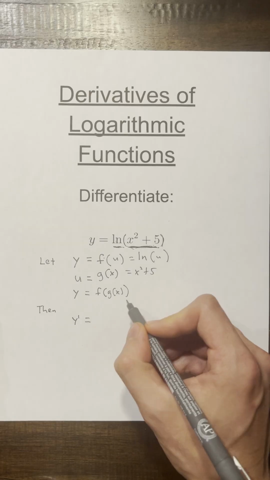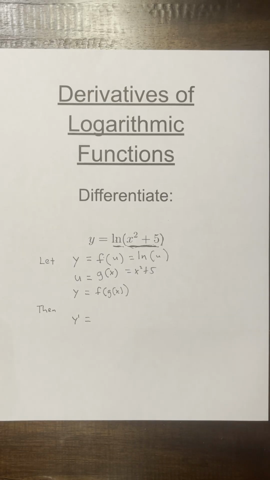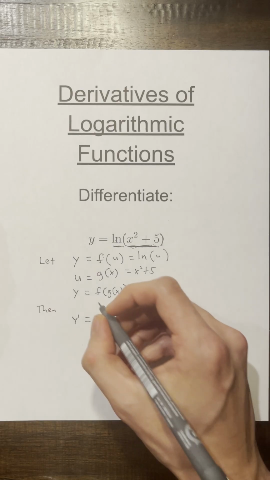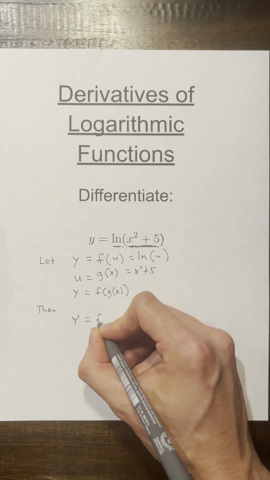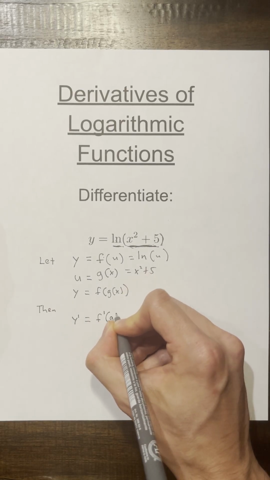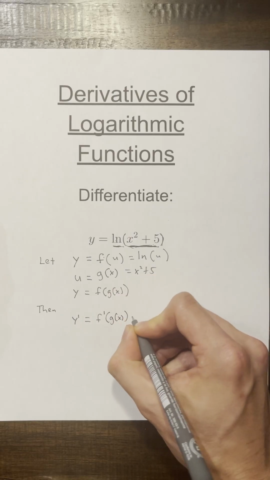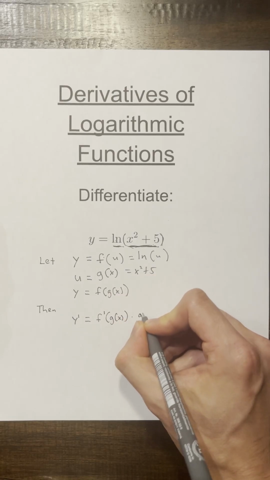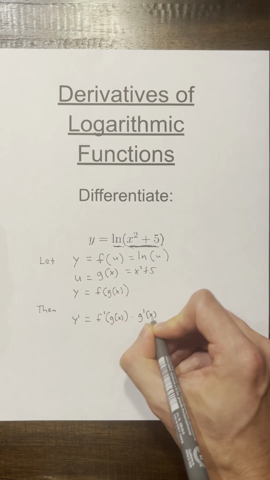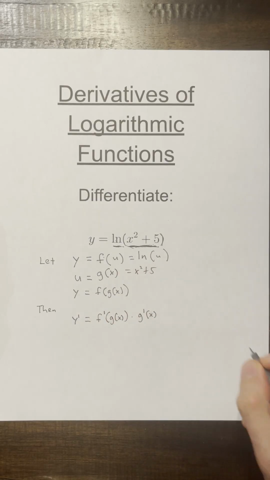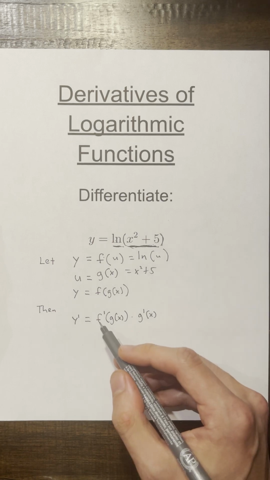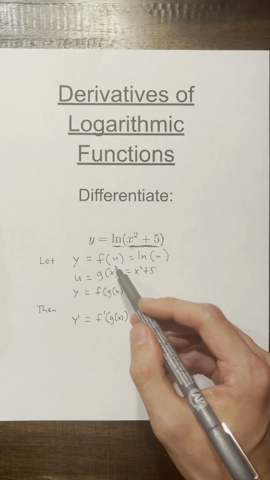And what's the formula for chain rule again? So it's derivative of outer times derivative of inner. Okay, so we're going to need to find f prime and g prime.